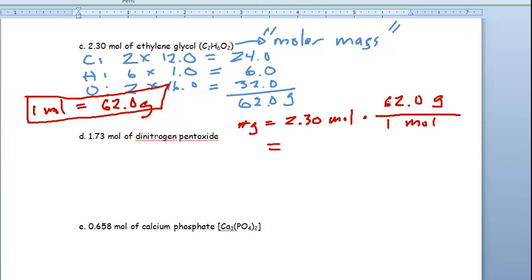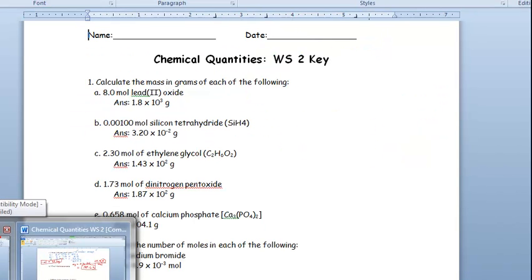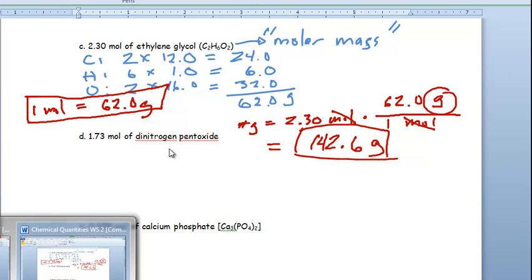Let me grab my calculator. 2.3 times 62, and I get 142.6, because notice that moles cancel out, we get grams. All right, and so there we go. That is our answer. And let me just click over here, and indeed that is the correct answer.